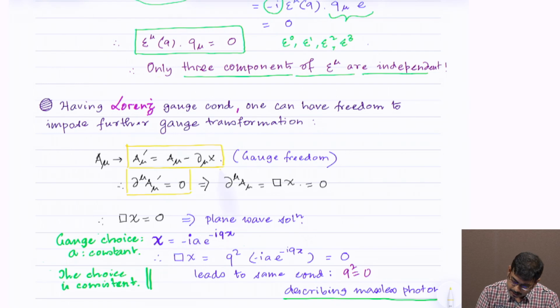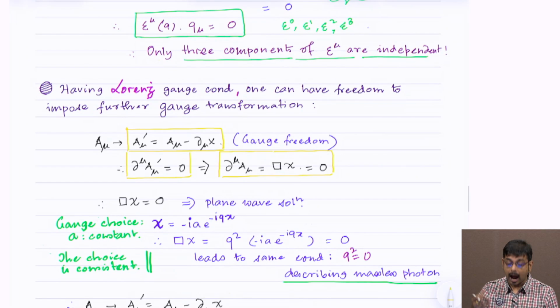This basically tells you that del mu a mu is equal to box of chi, and that is equal to 0. So, the chi that you are choosing, which is giving you a freedom of choosing a mu, also satisfies this plane wave equation, box of chi is equal to 0.